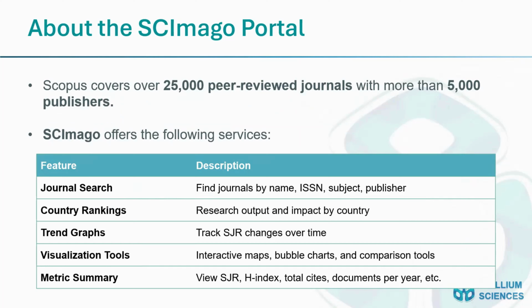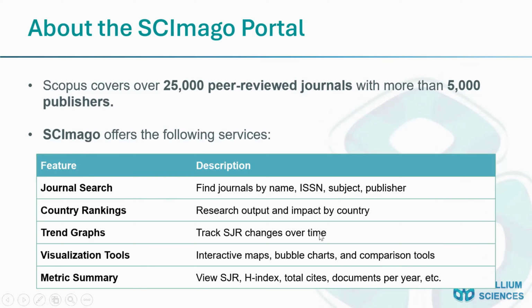So why Scopus? Scopus covers over 25,000 peer-reviewed journals with more than 5,000 publishers. So it's a huge database. And SCImago offers the following services, which everyone, because it's open access and free, can use. The first feature is journal search.